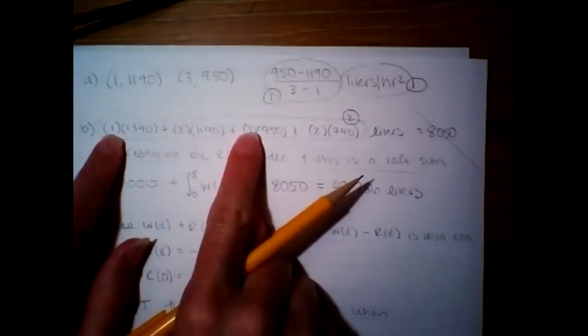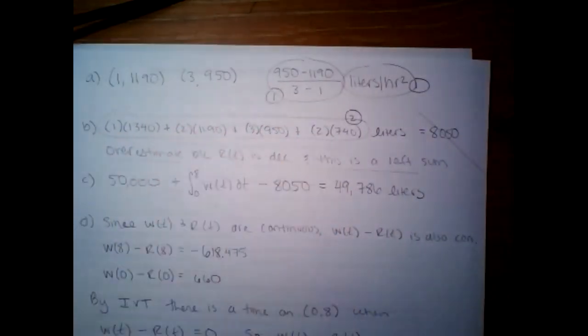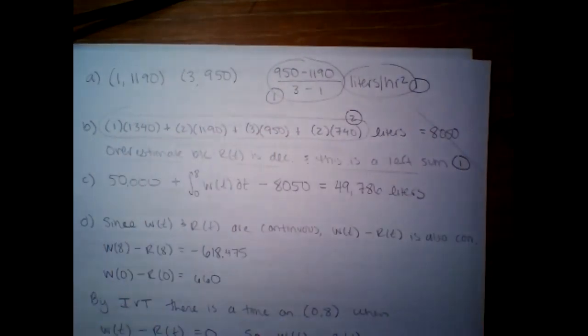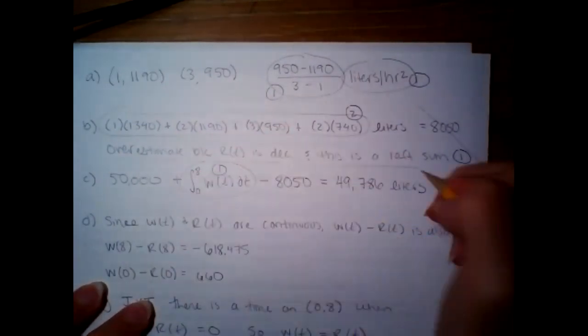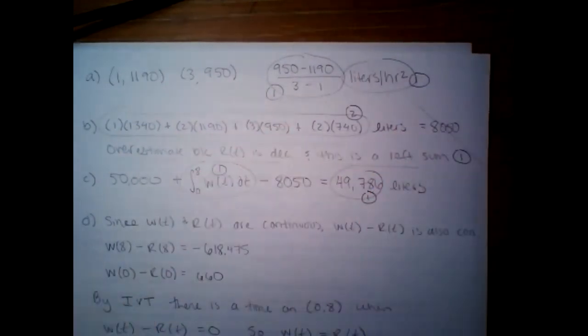So I guess a point for the sub-interval parts of it. I feel like you'd probably just get the whole thing. Hopefully. All right, and then a point for the explanation for why it's an overestimate. And then in part C, it is a point for this integral, and then a point for the answer.